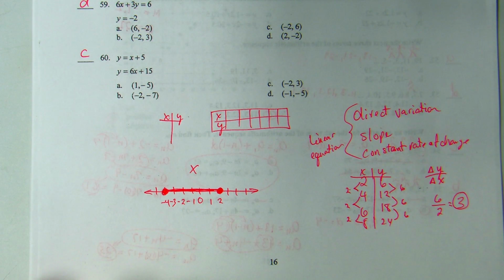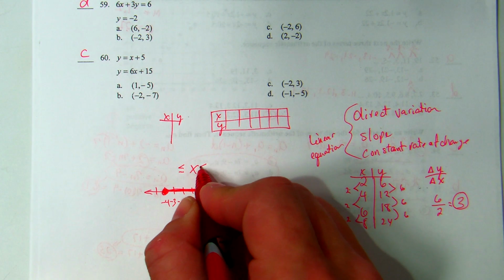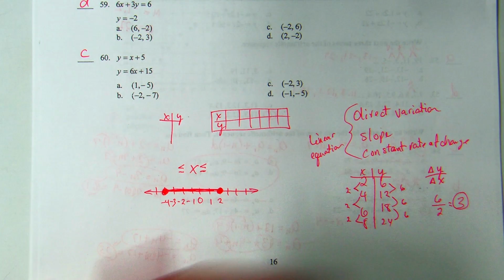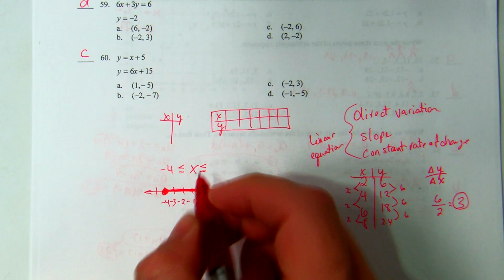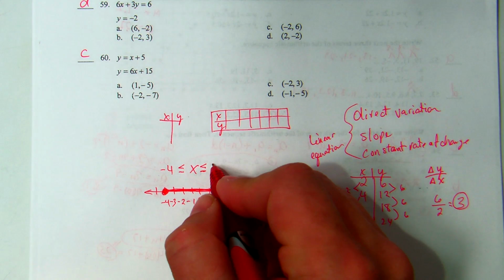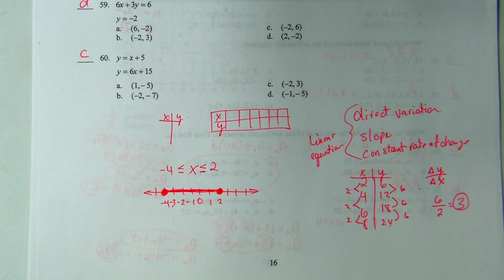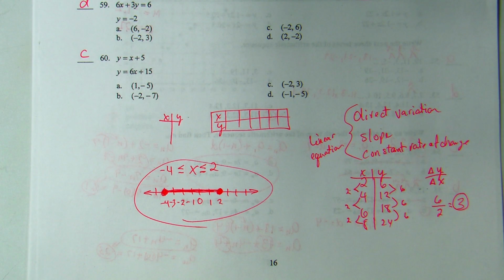It's a solid dot, so it means it can be equal to as well, right? So x has to be greater than or equal to something, less than or equal to another value. What are my two values? Well, on the low end, it has to be greater than or equal to -4. It has to be less than or equal to +2. So know how to see those right there and work that type of equation as well.